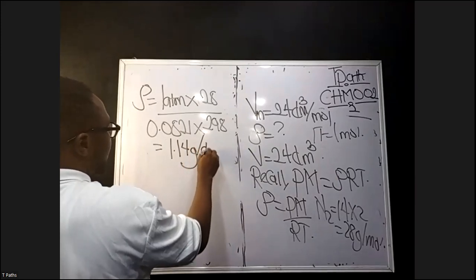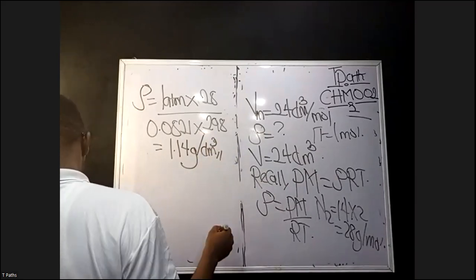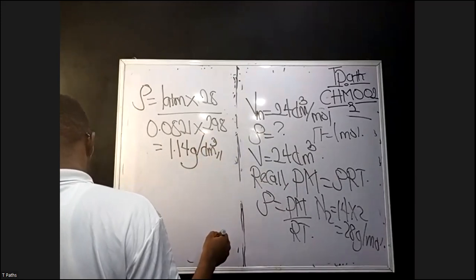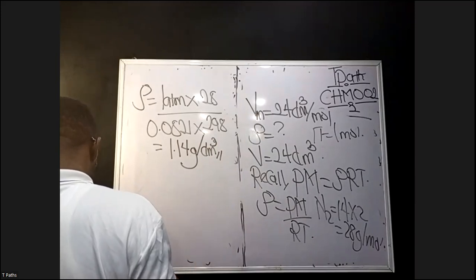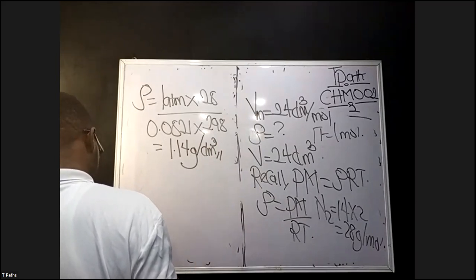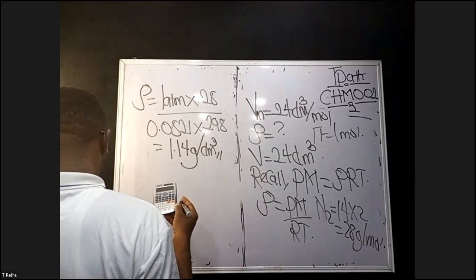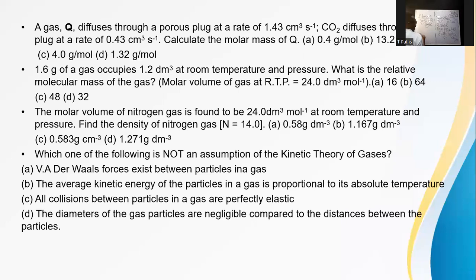Let's see if we have the answer there. We are seeing 1.167. 24 dm cube. Oh, sorry. I think it's the closest answer.